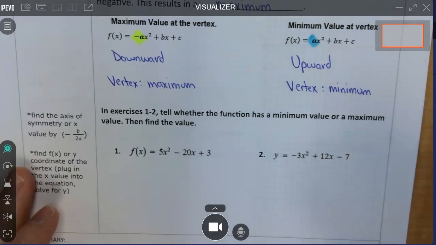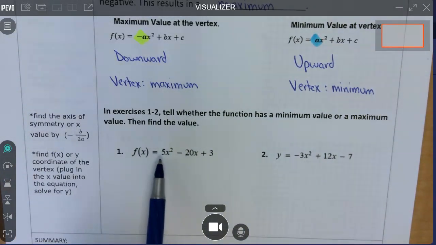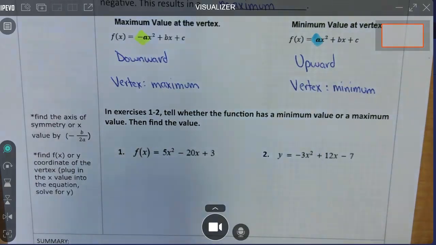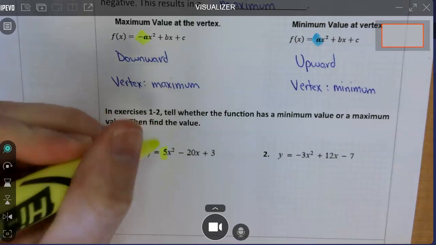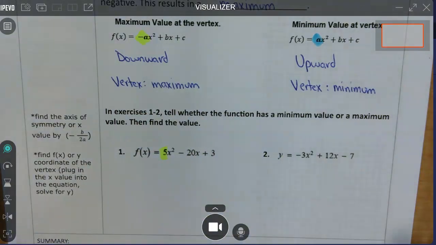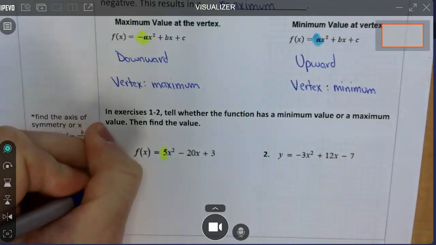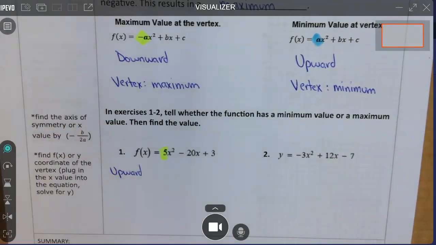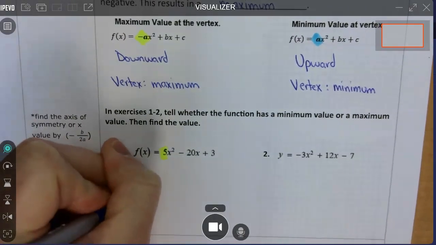All we're going to do is figure out, well, where's the vertex? And so as you look at this, my a value on example number 1 is a positive 5. So if it's a positive number, I already know that this is an upward parabola. And I also know that the vertex is going to be a minimum.